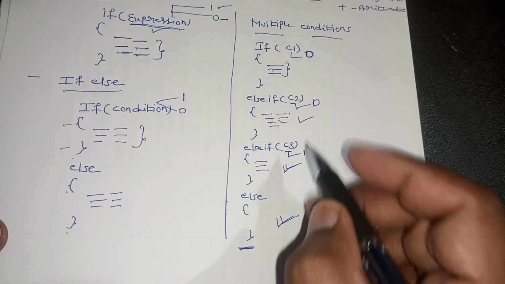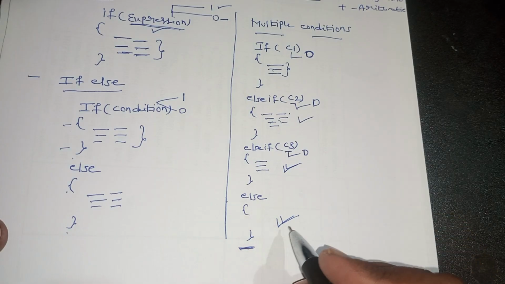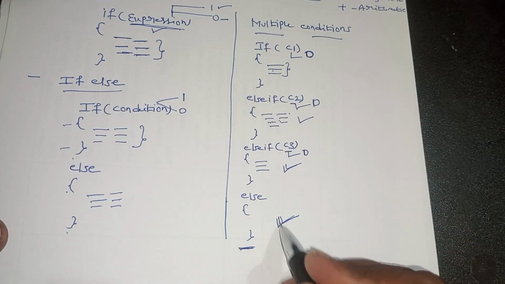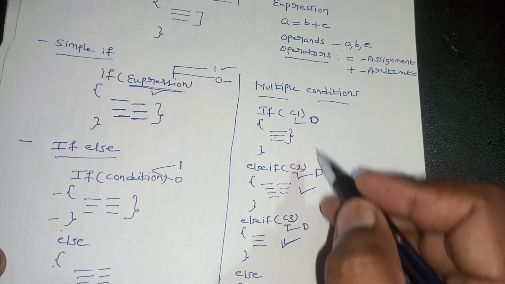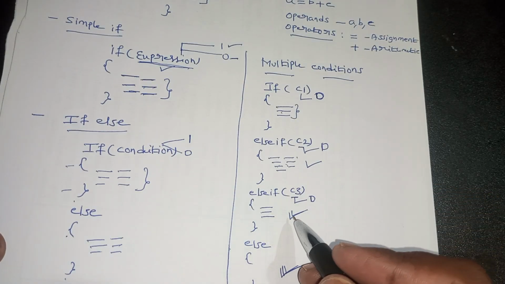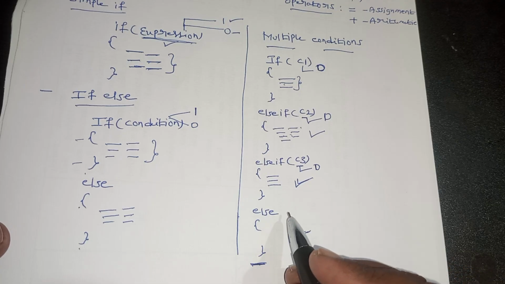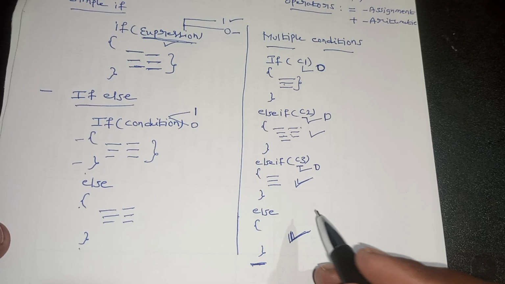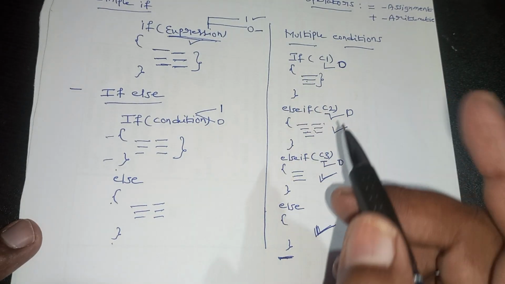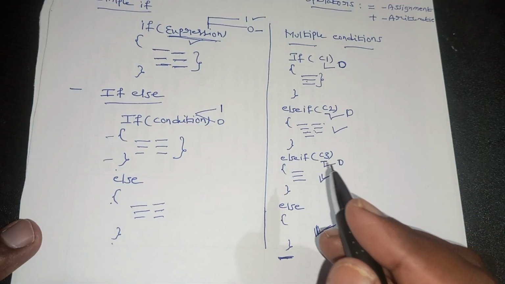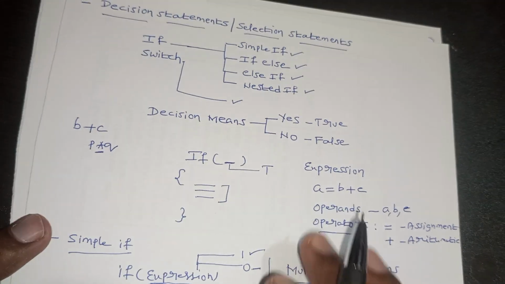Condition 3 is 0, don't execute these statements. Then where do I have to go? Go directly to the else block. Because the conditions are false, I am skipping these and going to the else block. This is what multiple conditions means. When there are multiple conditions, only one condition is executed. That is very important.